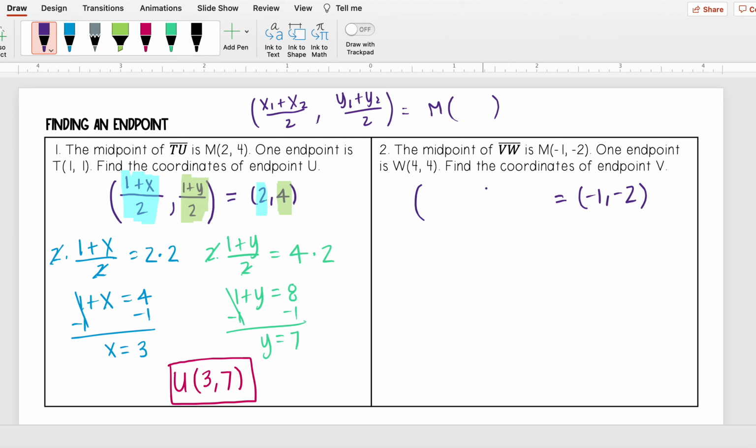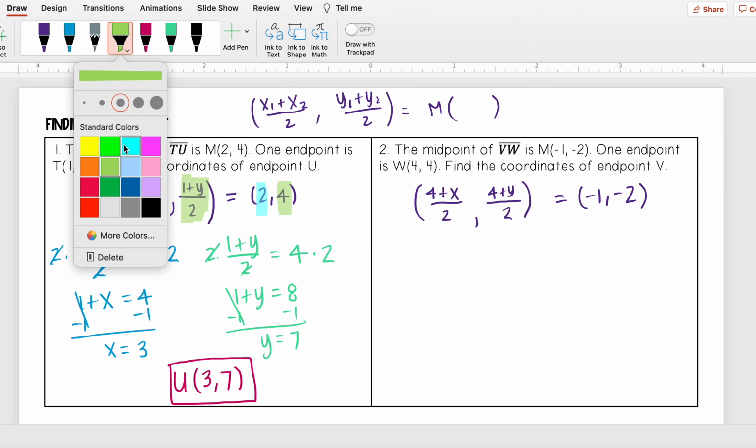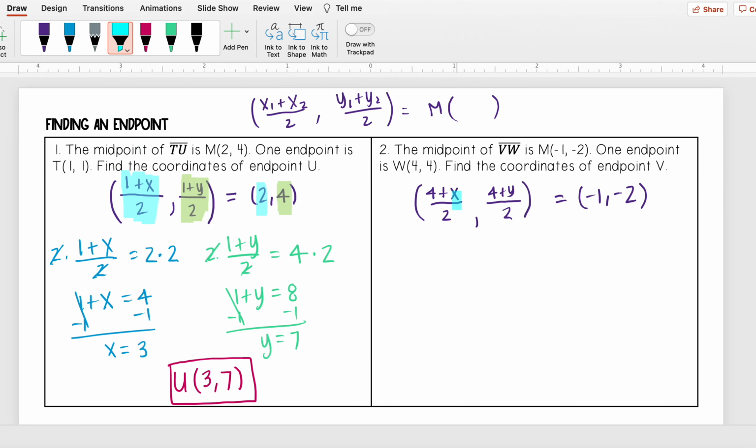So I'm going to go ahead and plug those in at the very beginning. My x is first, so I have 4 plus x over 2. And my y is also 4, so I have 4 plus y over 2. Next, I'm going to find my two equations.